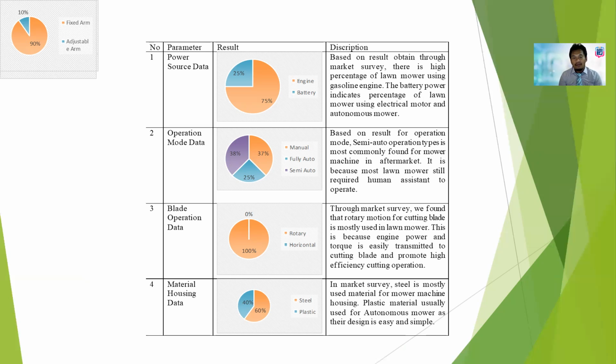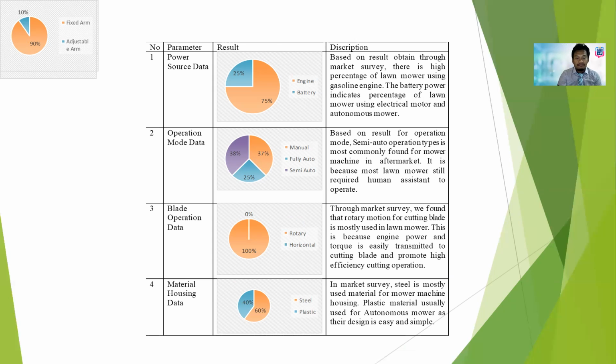Then the operation mode: 37% use a manual operation mode, and 38% are semi-autonomous. Then the data for brake operation: 100% of the lawnmowers in the market use rotary movement for the brake operation.